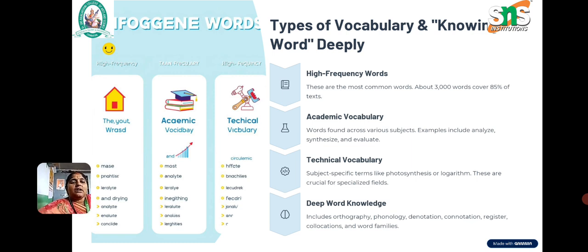Academic words are found across various subjects, for example analyze, synthesize, and evaluate. Technical vocabulary, such as photosynthesis or logarithm, are examples of technical words. Deep word knowledge includes orthography, phonology, denotation, connotation, register, collocation, and word families.